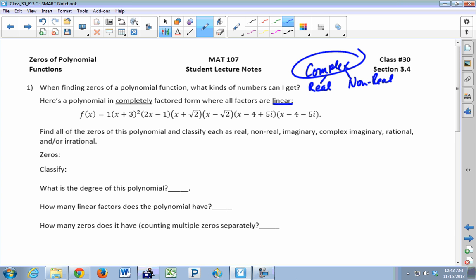What else is linear? What's a linear function look like? Can anybody give me an example of a linear function? F of x equals what? Straight line, folks. X. Right. Give me another one. F of x equals what? 3x plus something. Right? What's similar with the linear function and each one of these individual factors?